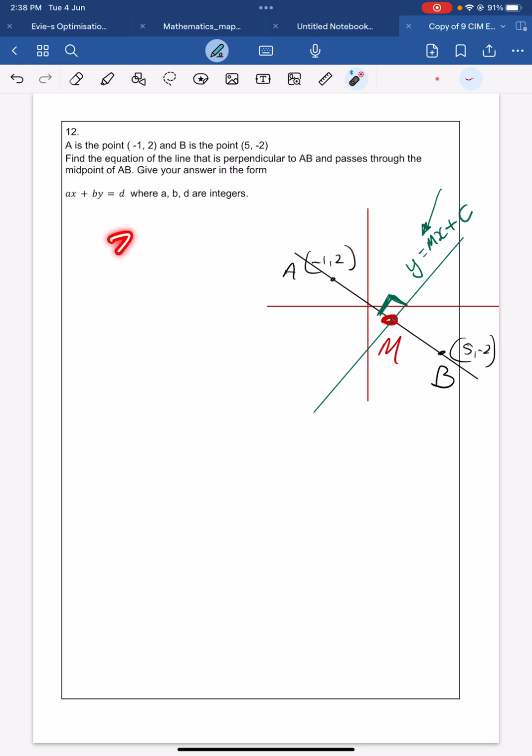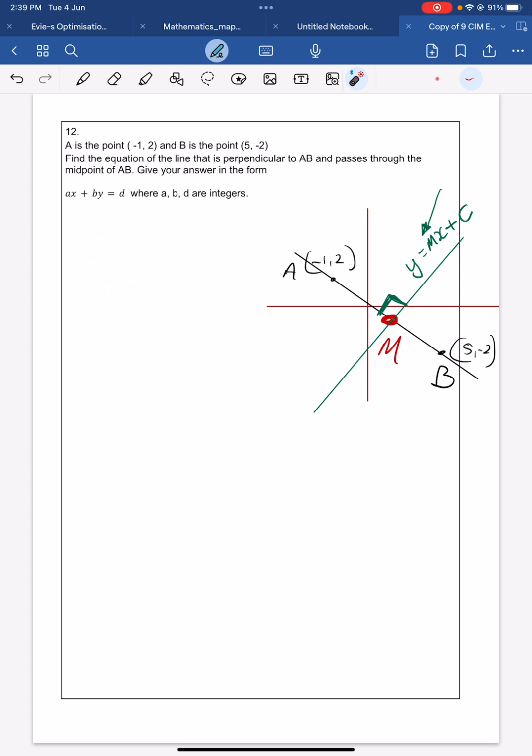If the gradient of the first line is this, then flip it and change the sign. So perpendicular gradients have that property. The gradients multiplied together is equal to -1, or a nicer way to say it, if one gradient is A over B, the other is flip it and change the sign. All right, so that's key.